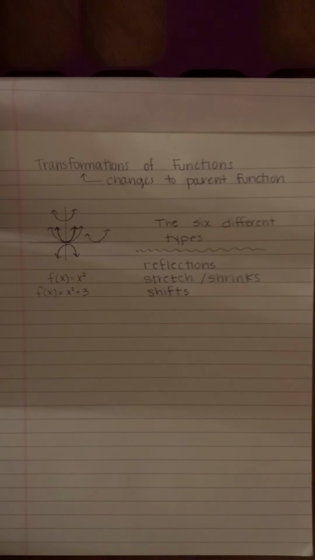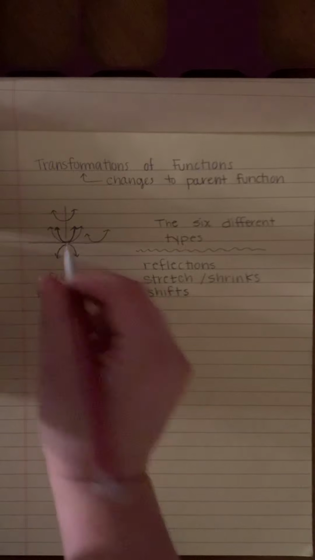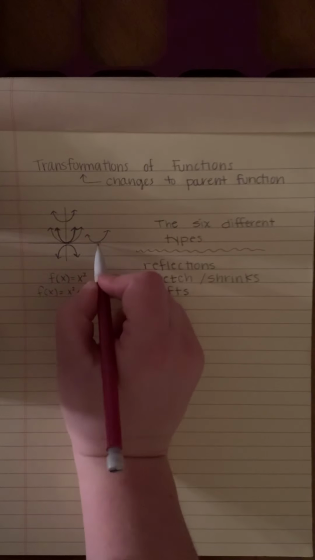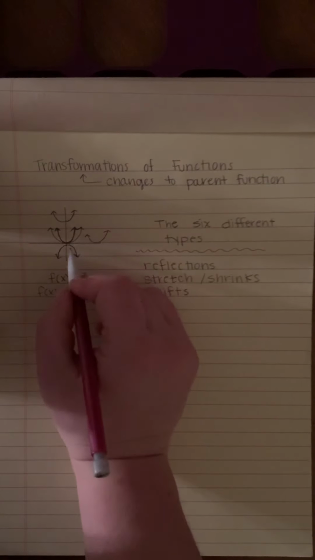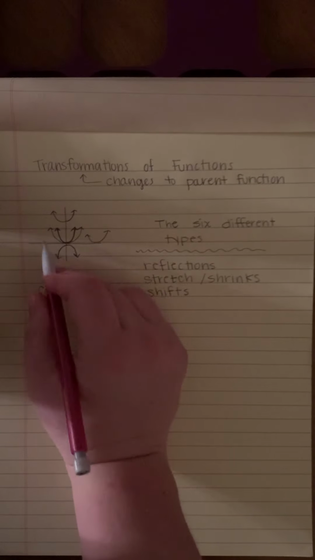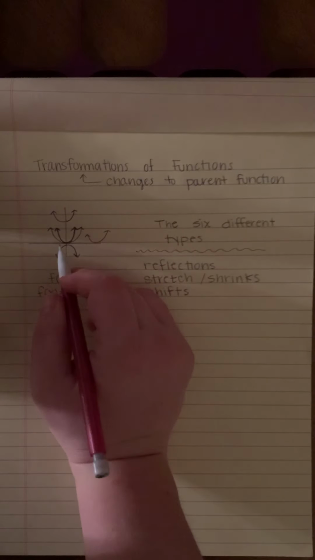So this one would be up 3, and we'll talk about why that is later. Just like this one would be a transformation to the right, however many that would be. And this one is just a reflection, and this one is just something that makes it wider.